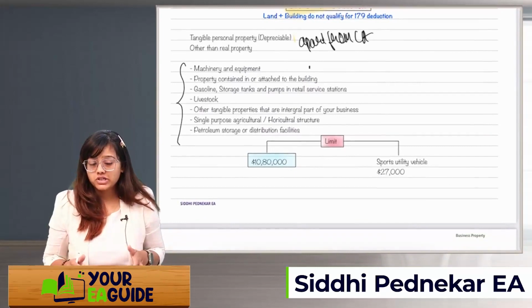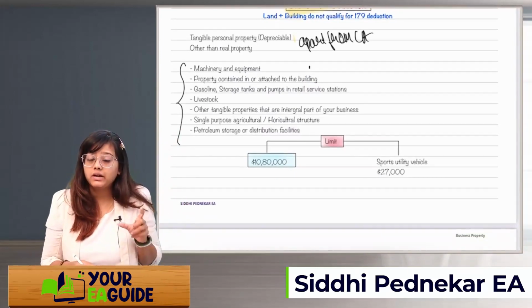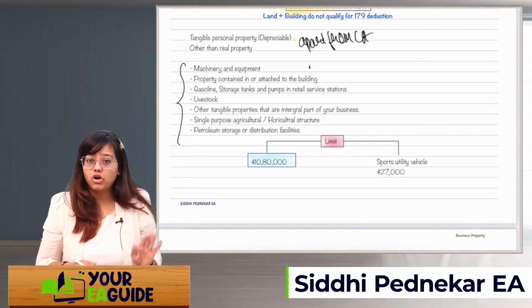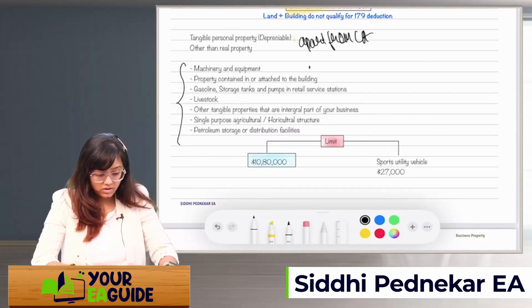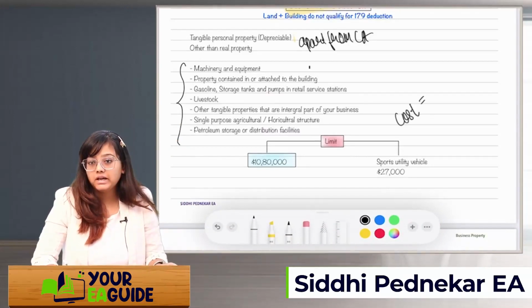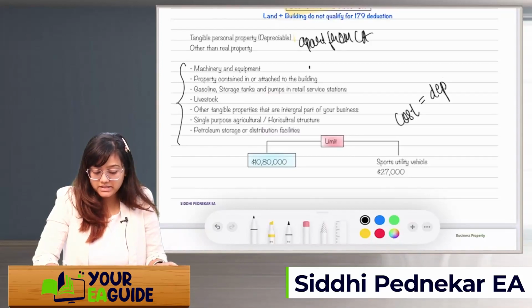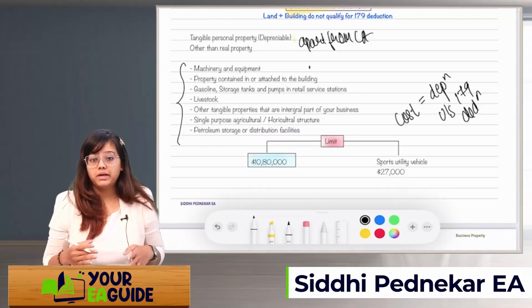If you have purchased anything from these properties, right, then you can get a deduction straight away of your cost. Whatever is your cost, it will be considered as a depreciation under section 179 deduction. Okay, but there is a limit.